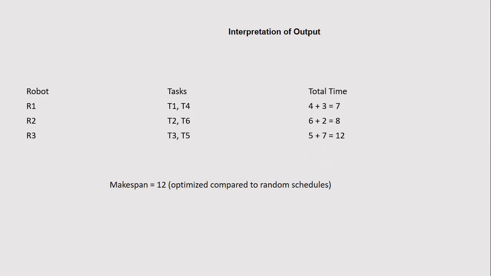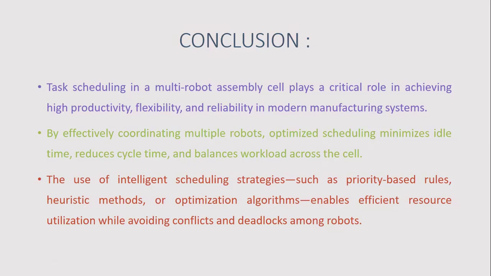So what is the inference of this method? Using a genetic algorithm, we are able to find the most feasible best solution out of several task assignments. With this, I conclude the closing remarks for today's seminar presentation. Generally, task scheduling or job scheduling in a multi-robot work cell plays a highly critical role in achieving higher productivity in modern manufacturing systems.